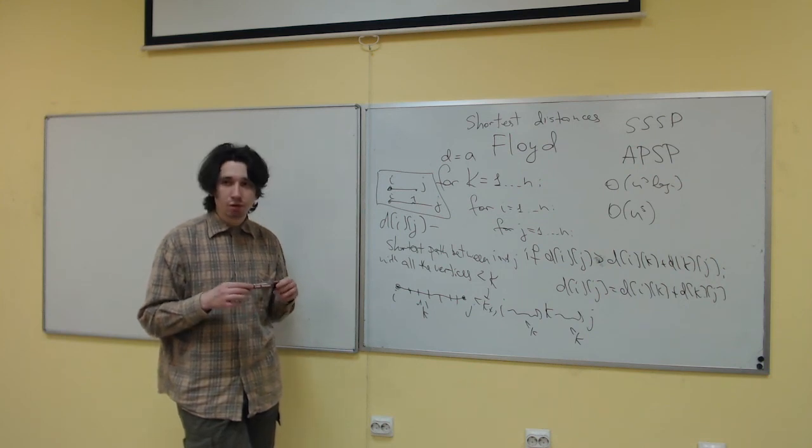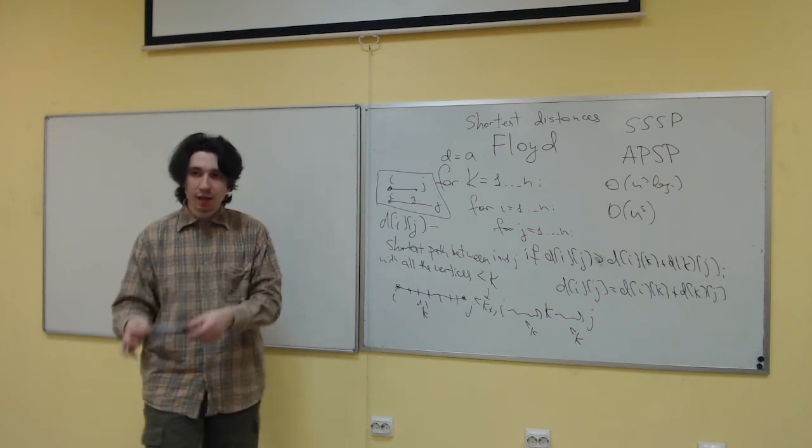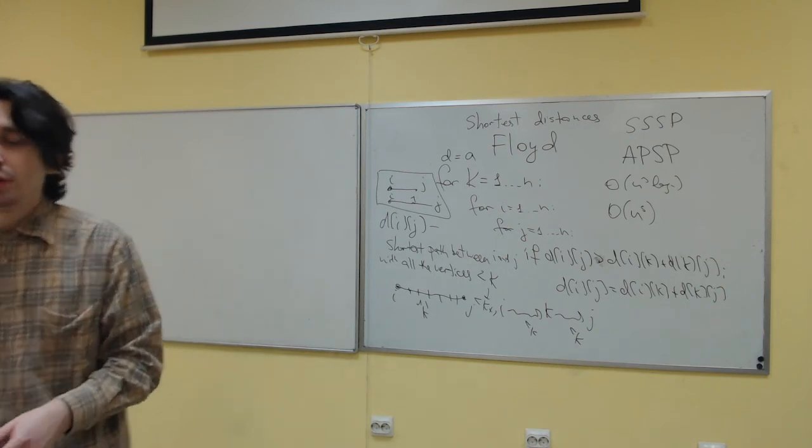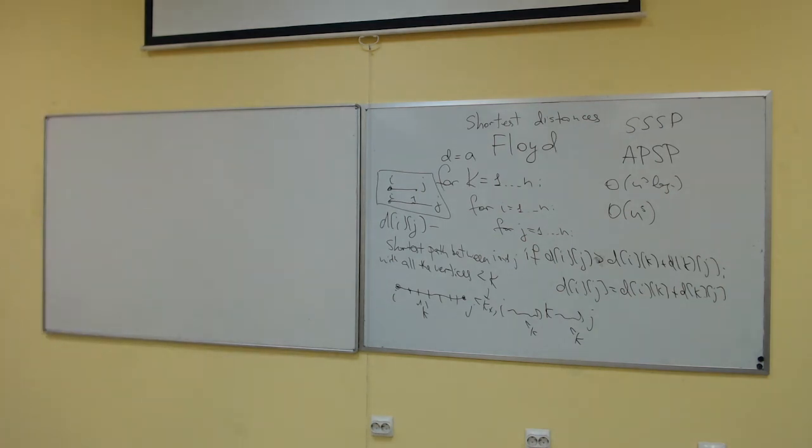So for example, how do we find out whether there is a negative cycle in the graph? We run this algorithm and we want to check whether there is a negative cycle in the graph.